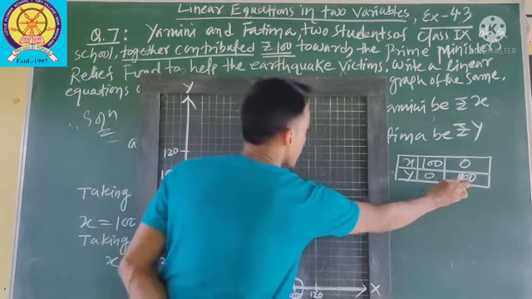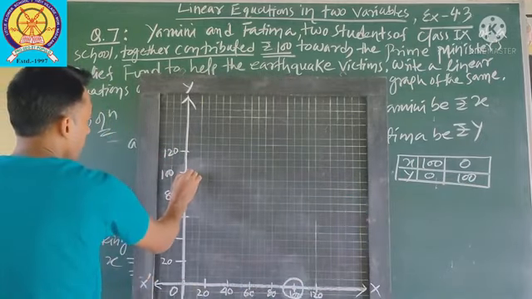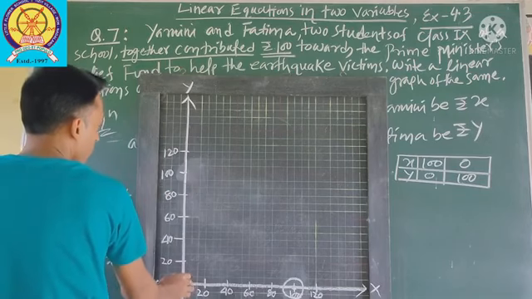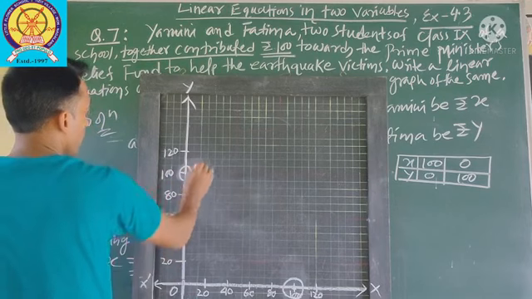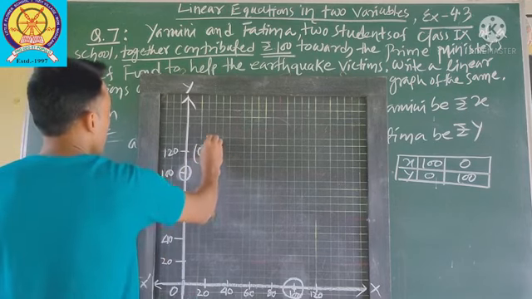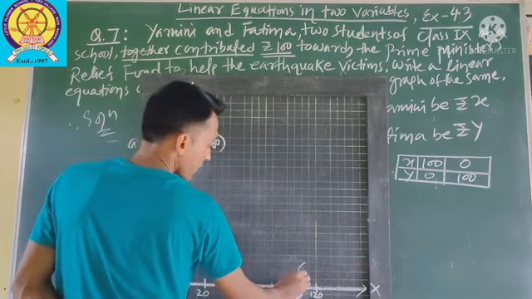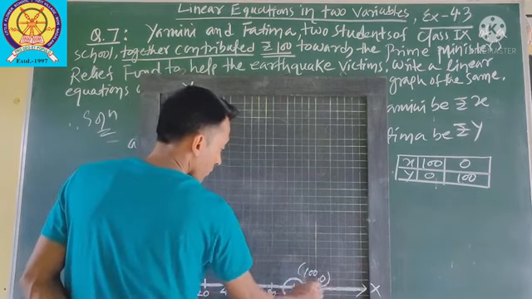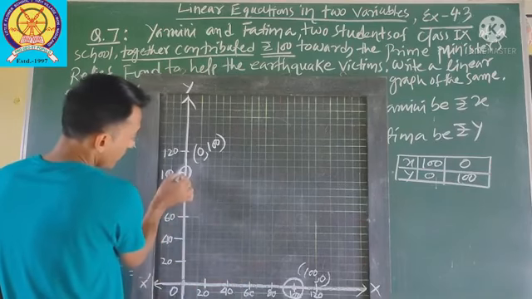Then y is 100. So on the y axis you see 100 here. This is your point (0, 100). This one is (100, 0). So now you join these points.